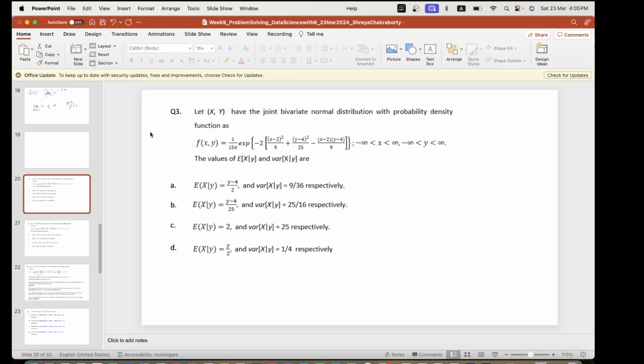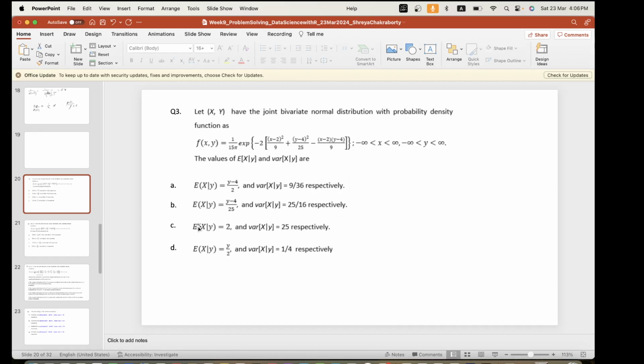Ma'am, in the exam, how will we find the value of z, chi-square test, etc. without the table? See, in the exams, either you would be provided with some values, or you would be provided with a table. So from there you can find out.